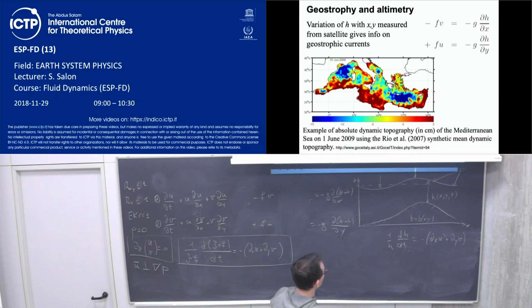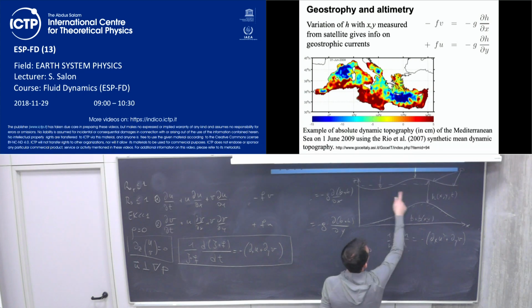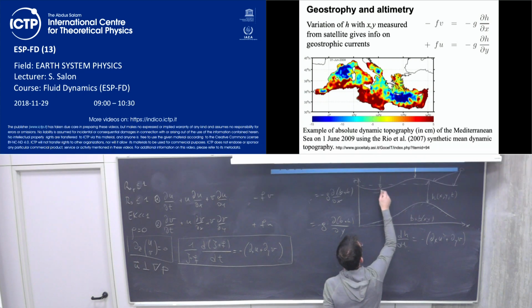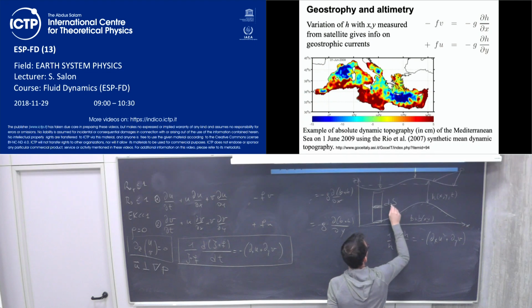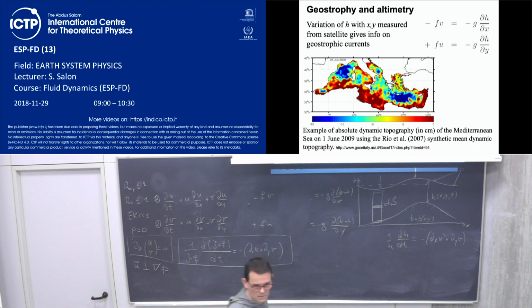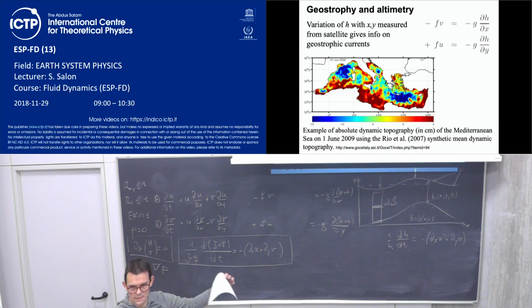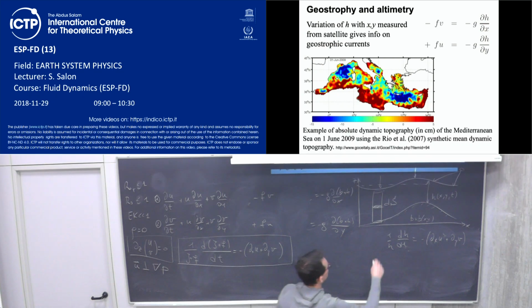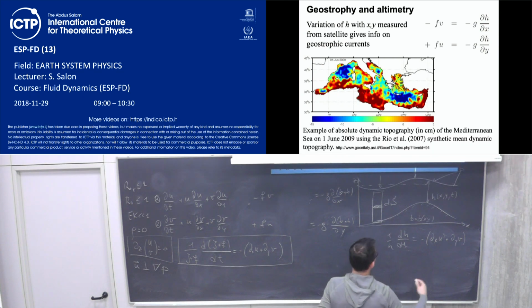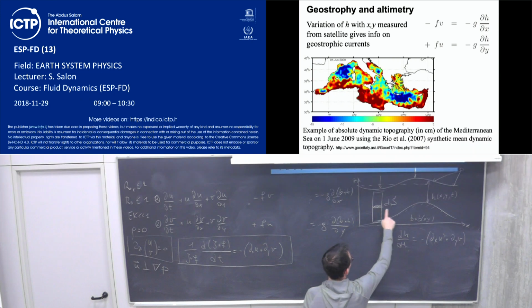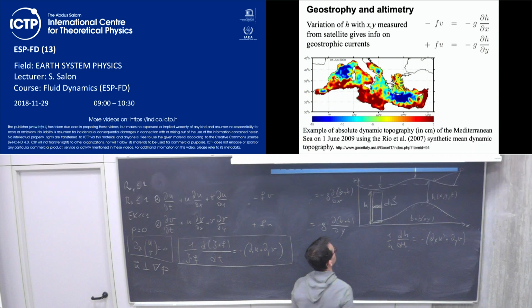So we can also consider our column here having a cross section, which we call ds. Okay, so we take the element of our flow as a column of cross section ds and height h.